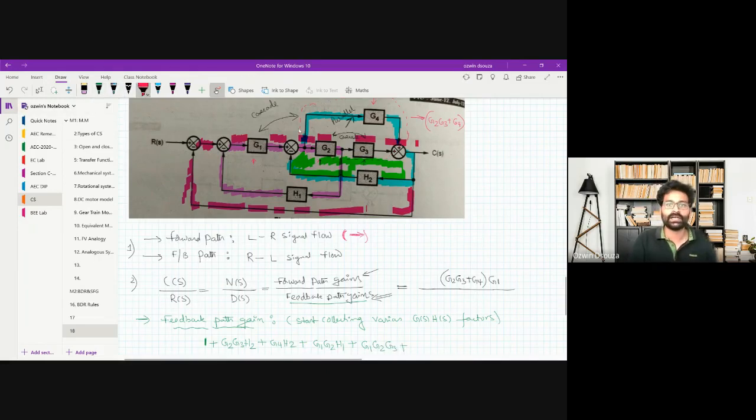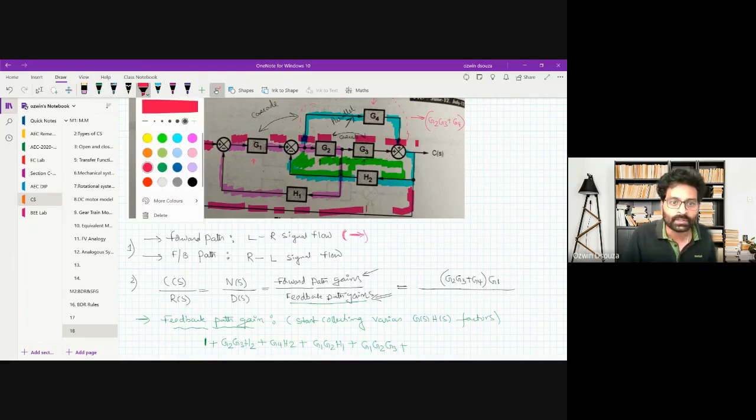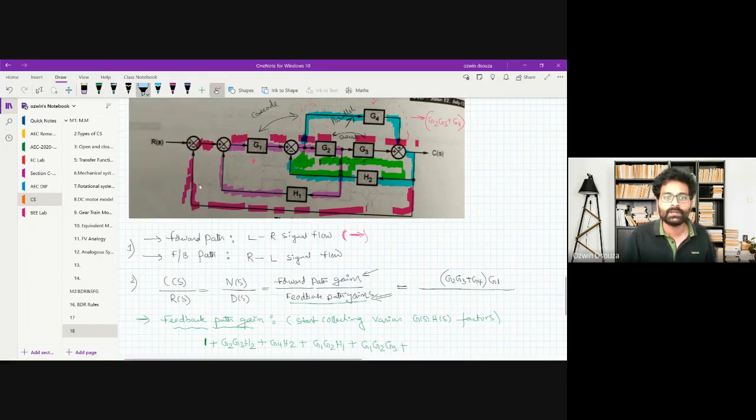Then finally, I have the fourth feedback that is somewhere over here. This color will use.